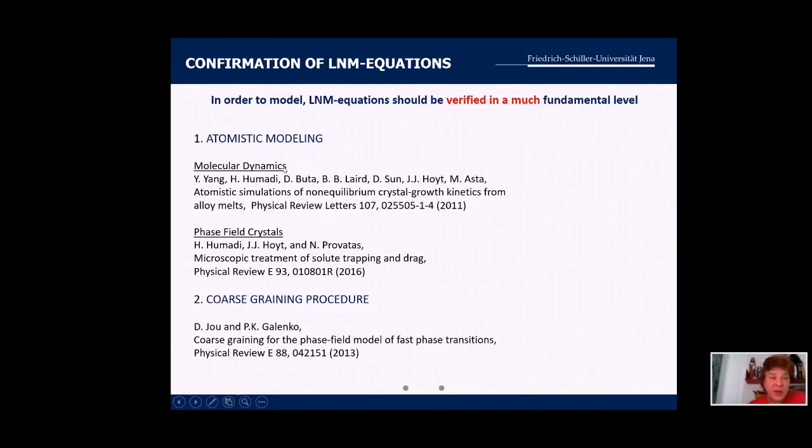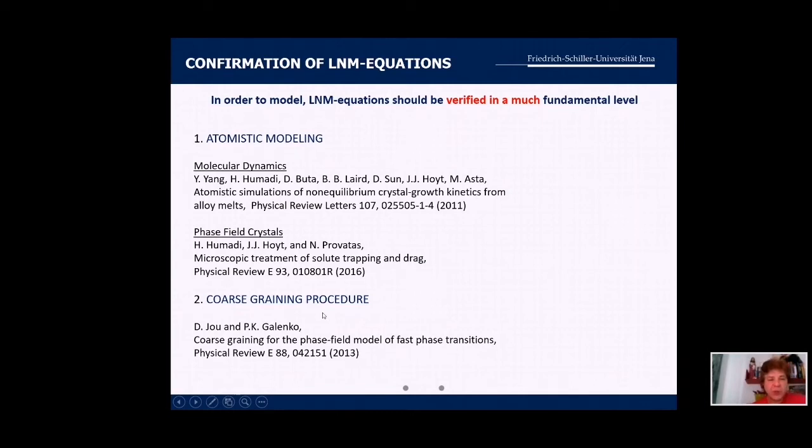So we have discrete and continuous methods of atomistic modeling. The discrete methods are kinetic Monte Carlo or molecular dynamics, and we have continuous atomistic modeling based on the phase field crystals. And we also have another, more fundamental type of consideration, the so-called coarse graining procedure.